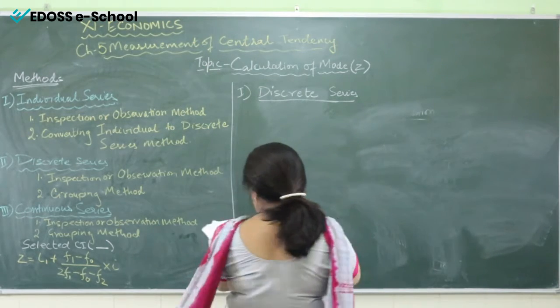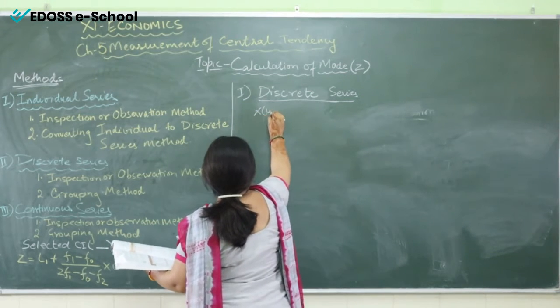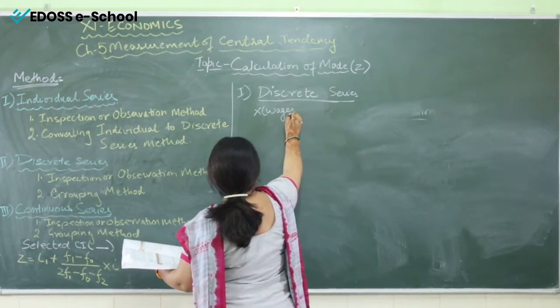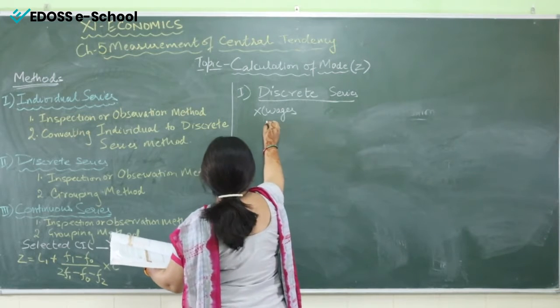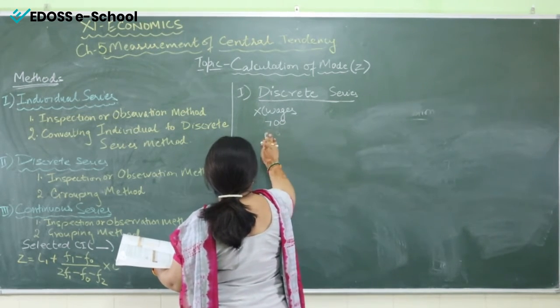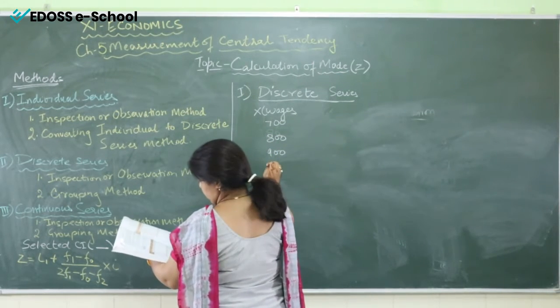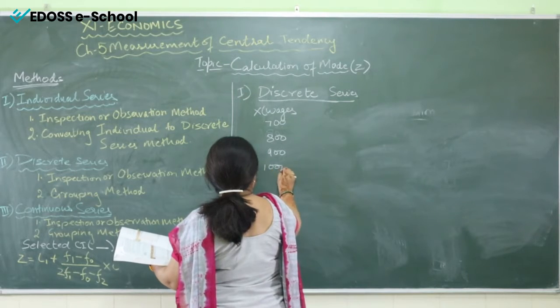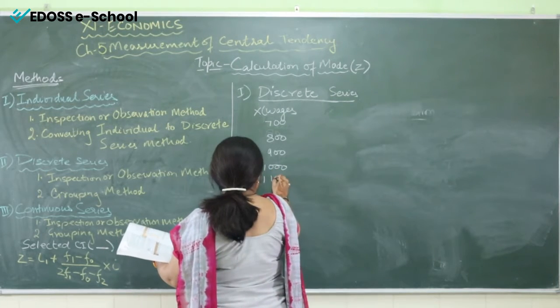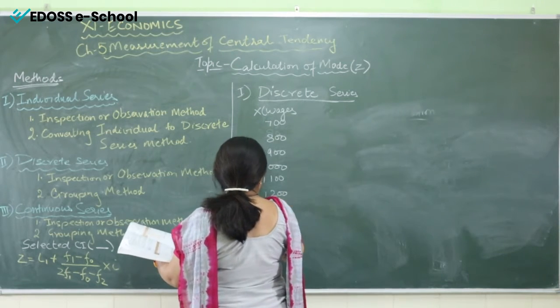Here I have the X, and X is the wages, that is 700, 800, 900, 1000, 1100 and 1200.